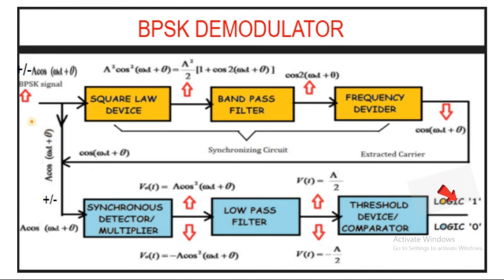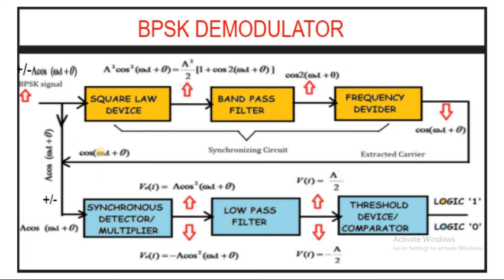Similarly, during the bit slot, when the incoming BPSK signal is minus A cos omega c t plus theta, the extracted synchronous carrier cos omega c t plus theta is multiplied with minus A cos omega c t.